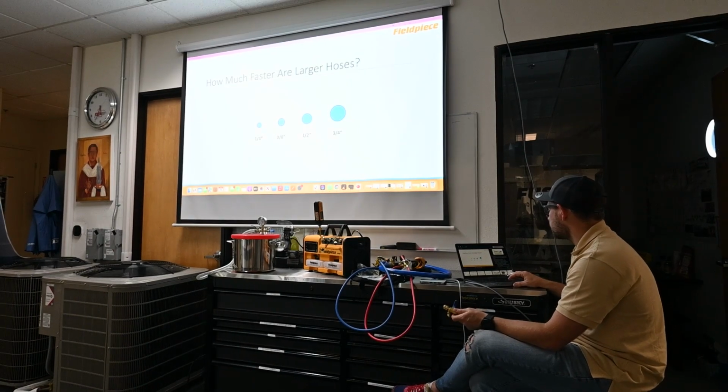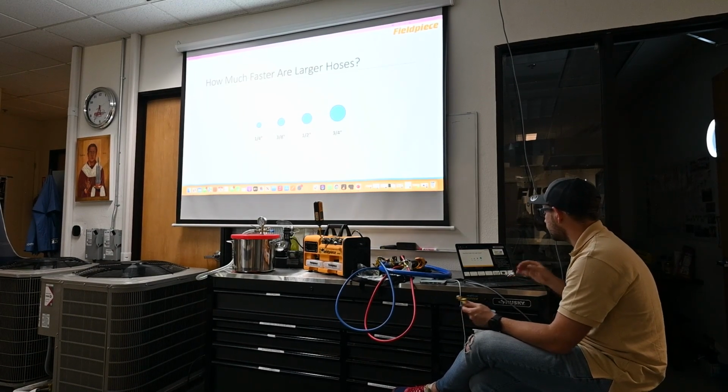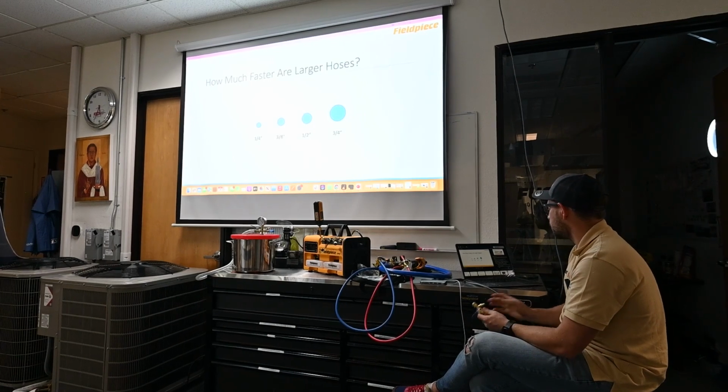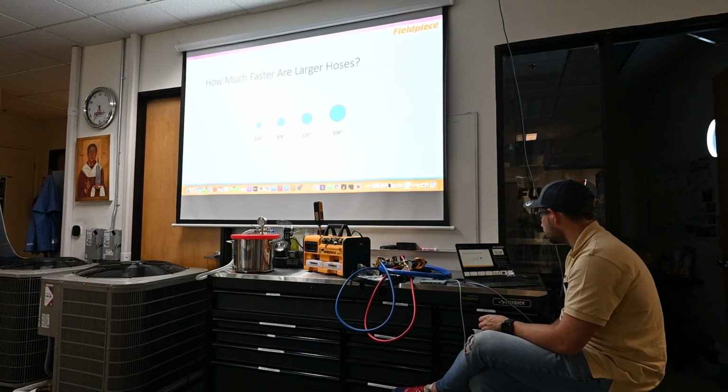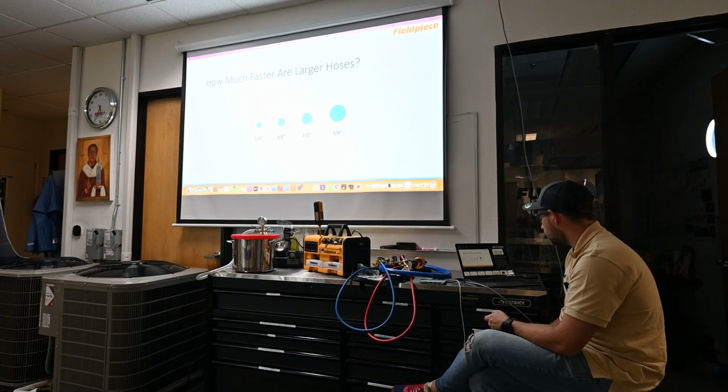How does it work? There are several factors that affect the speed of the vacuum process. Hose diameter is one of them. The term used for measuring flow under vacuum is condensing speed.